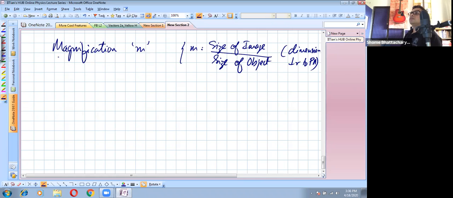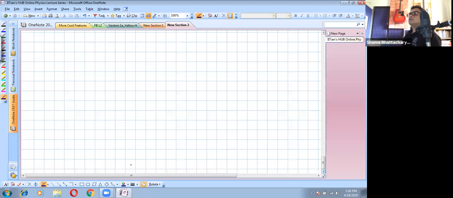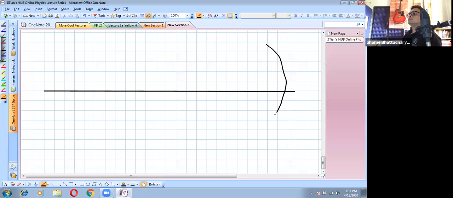So let us understand how to get the formula of magnification. Let's come back to our earlier situation. This point is our pole.